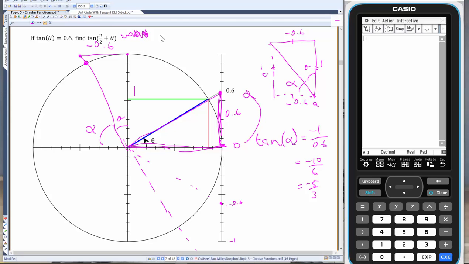So that one is not -0.6, it's -5 on 3, or -1 2/3, which seems appropriate. Here's -1, it's saying it's roughly -1.6. So that seems appropriate. So watch out for this question here. It's a tricky one.